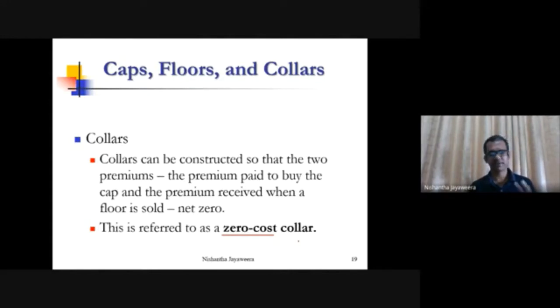Whatever premium you have to pay, make it equal to whatever premium you are going to receive. So upfront, you don't have to pay anything, but you have established a collar. So you are happy to stay in between these.